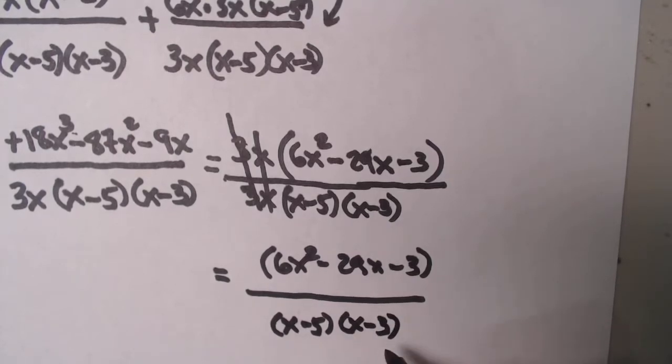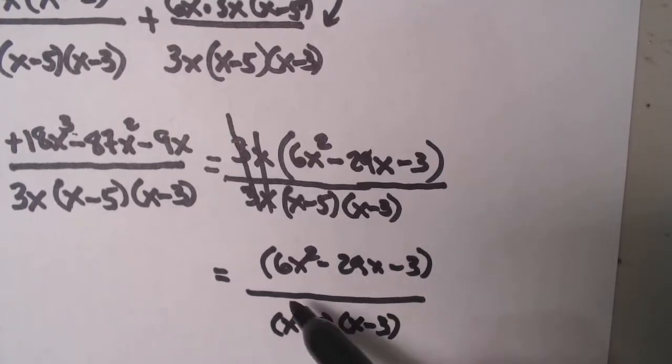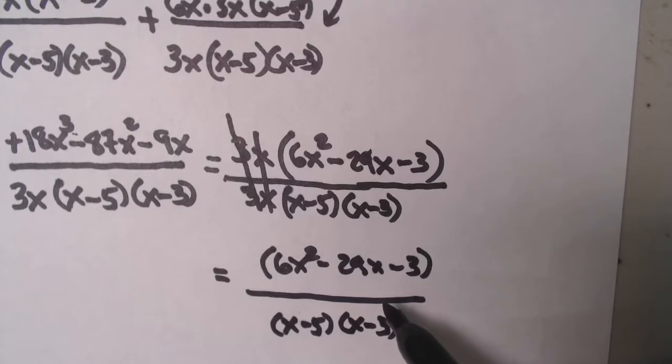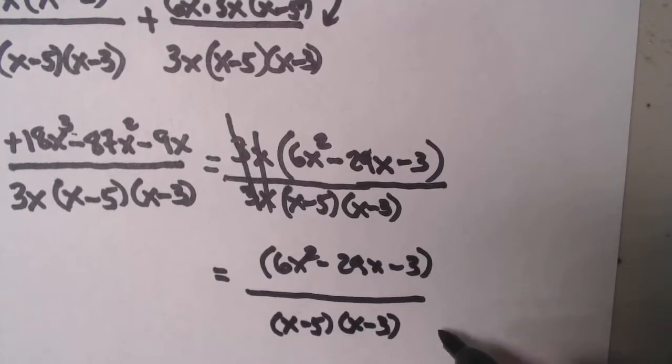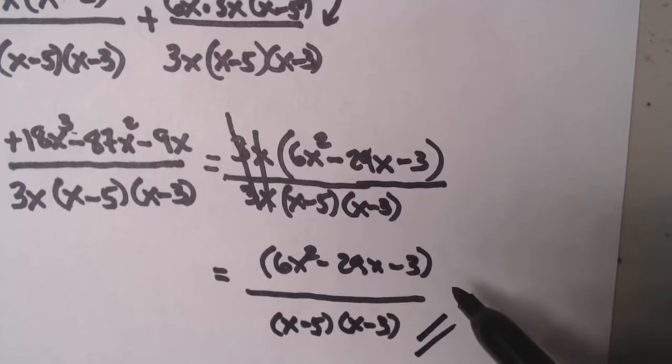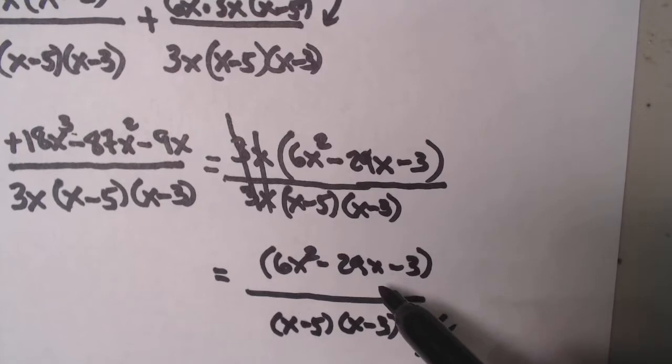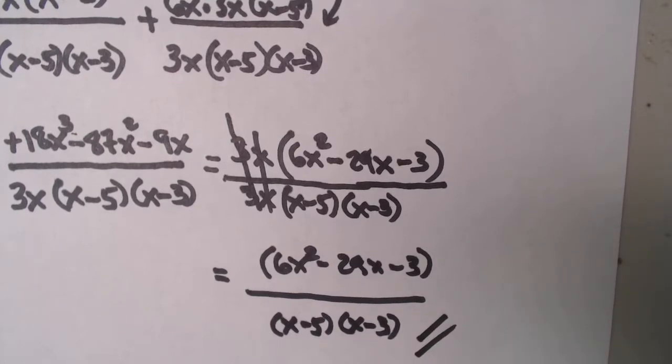Now remember, some folks would multiply out the bottom here and drop the parens on the top. But if you do that, you don't have single terms left anymore. So make sure you don't do any reducing. Reducing can only be done when you have a single term on top and a single term on the bottom.